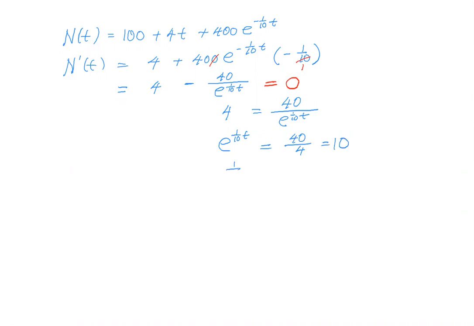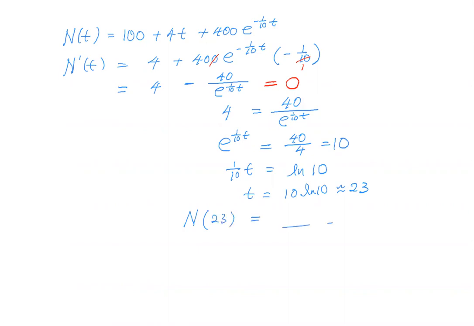So 1 over 10t equal to ln 10. So t equal to 10 ln 10. So it's approximately 23. Correct? So you find your n at 23. Then you get the answer.